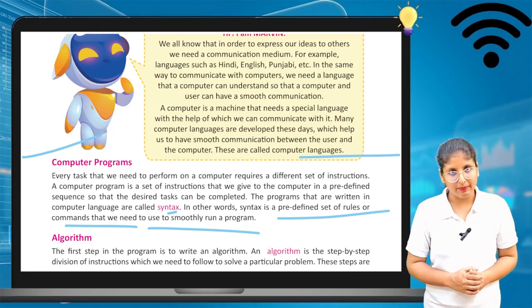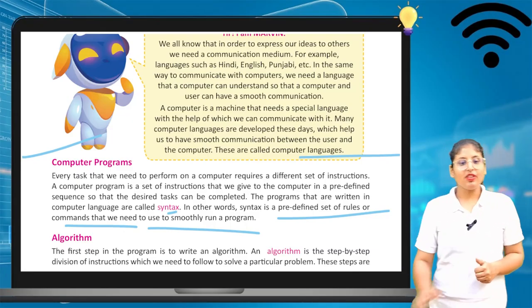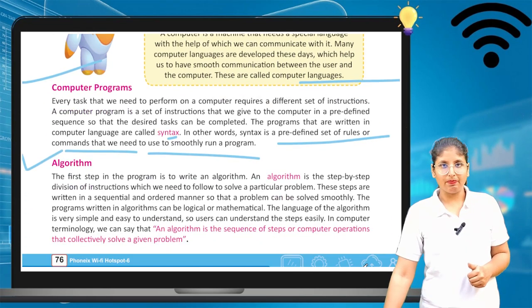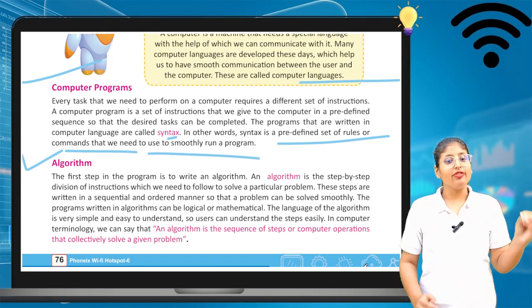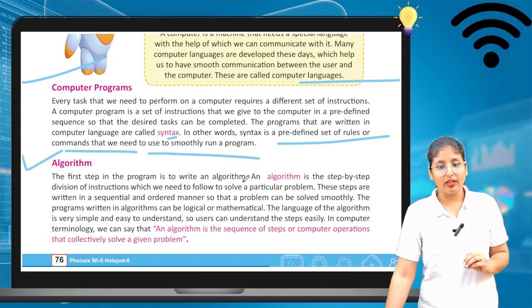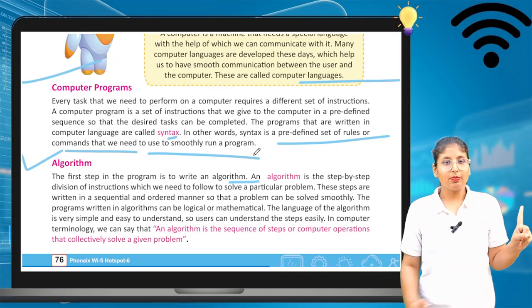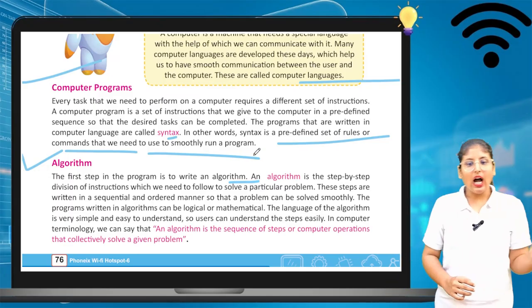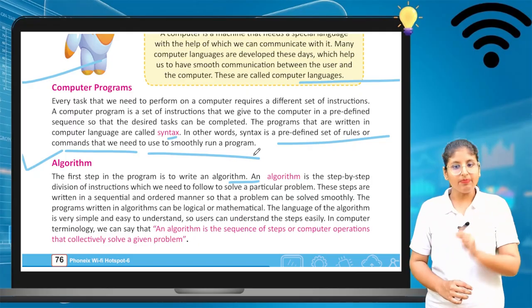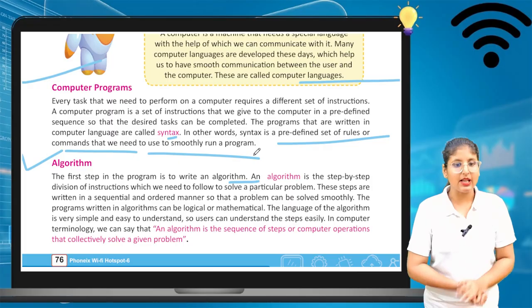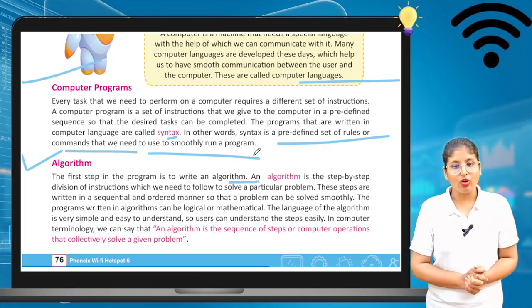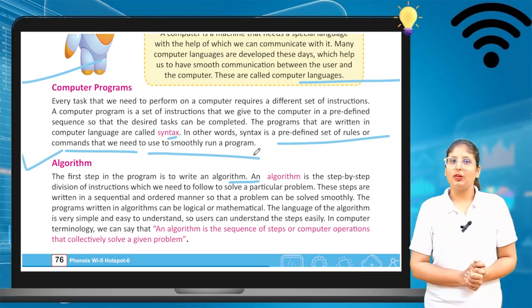First we will see algorithm. What is an algorithm? The first step in the program is to write an algorithm. An algorithm is the step-by-step division of instructions which we need to follow to solve a particular problem.